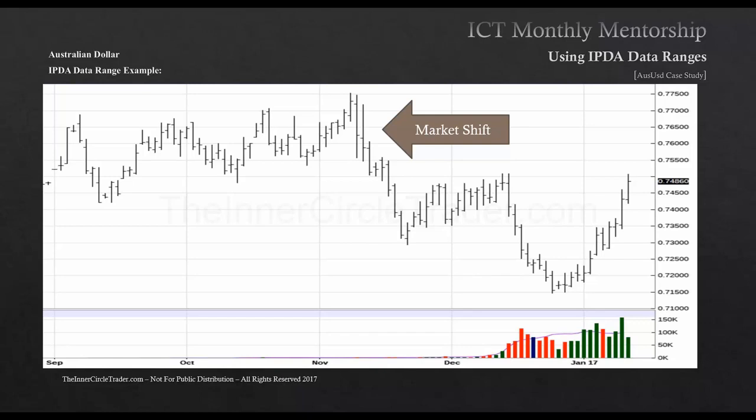It's predetermined. It's running on a script that refers to specific data points that it will go back to over and over again. The IPDA data range: you have a 20-day look back and cast forward range. You have a 40-day look back and cast forward range.